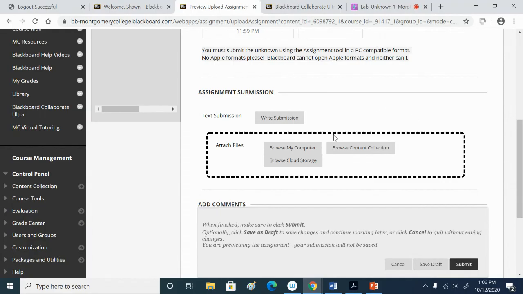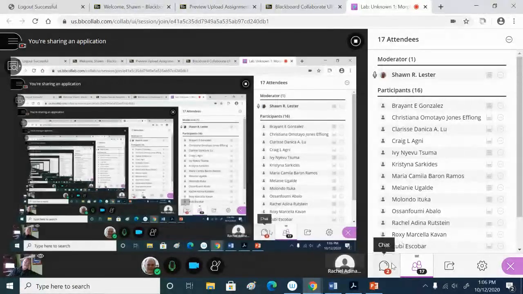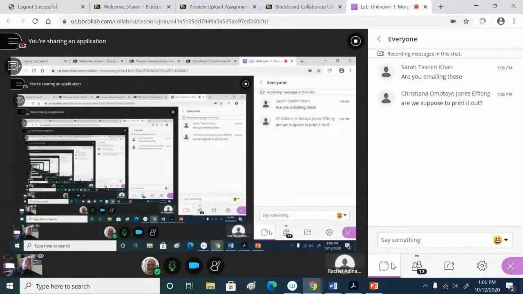And so make sure you submit this by tomorrow night. No, you don't have to print it out. It'll be emailed to you, so you can edit the document and then just save it and then send it back.